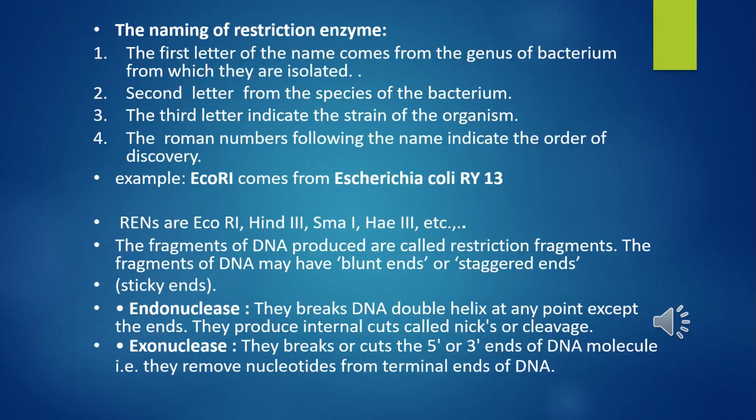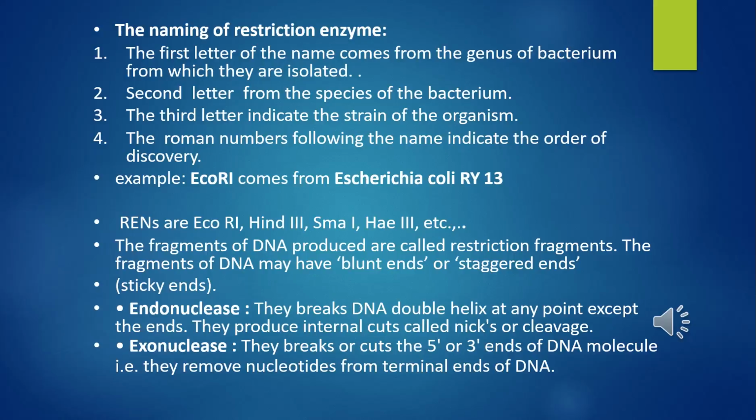So CO will be from the species, and the third letter, that is R, is taken from the strain of the organism, and the fourth, the Roman number, indicates the order of synthesizing the enzyme. So it is EcoR1. And then restriction enzymes are EcoR1, Hind2, Hind3, HAE3, etc. I have told you earlier.